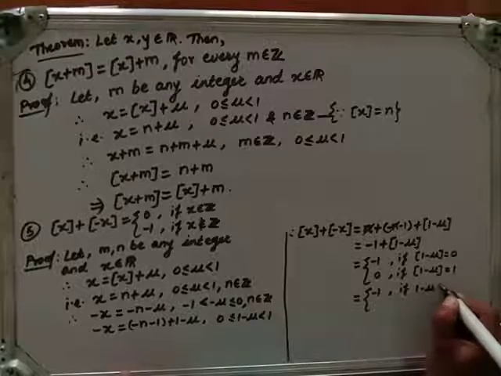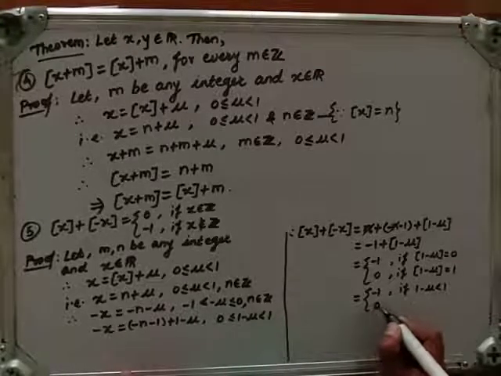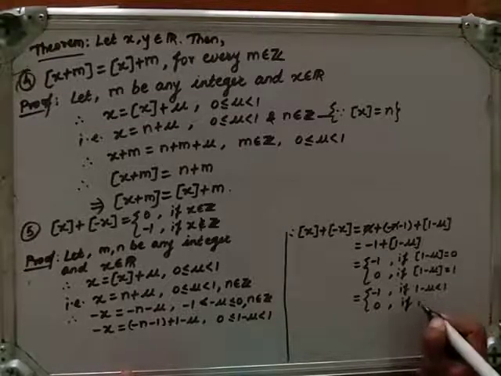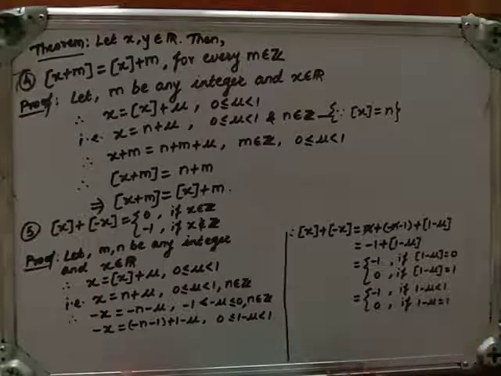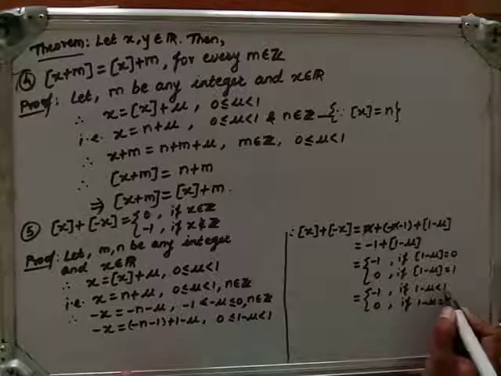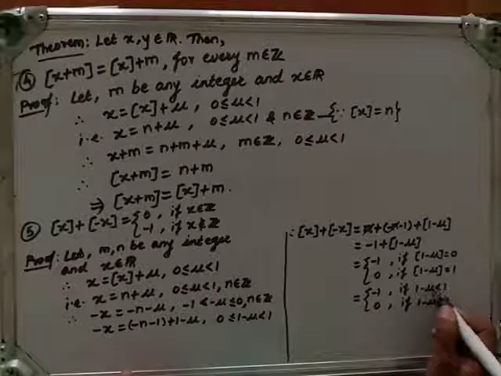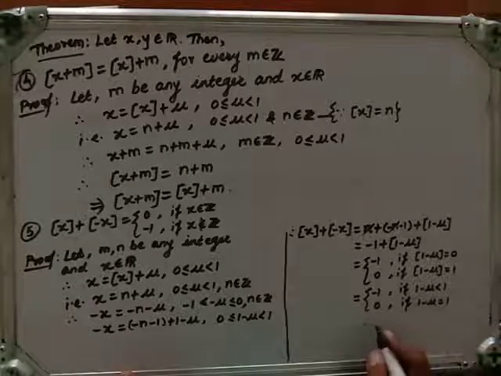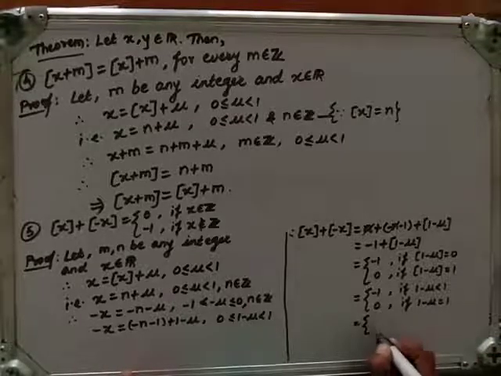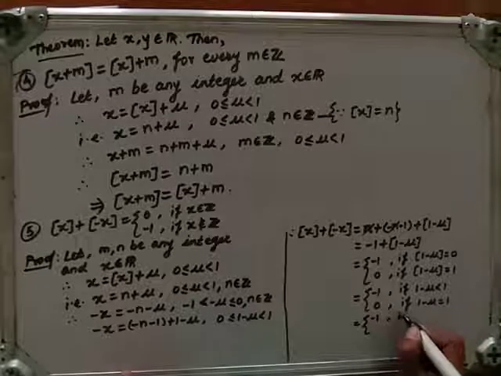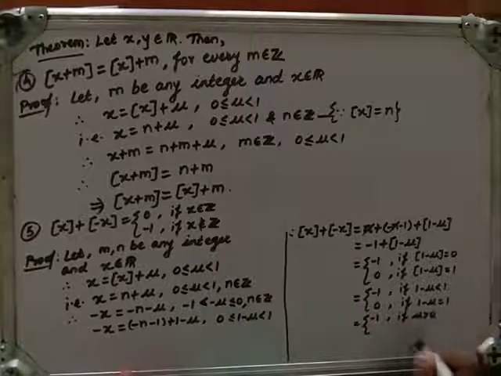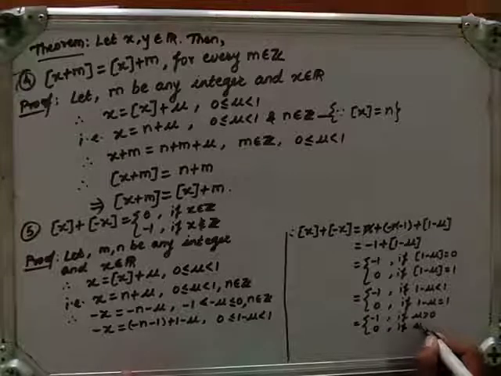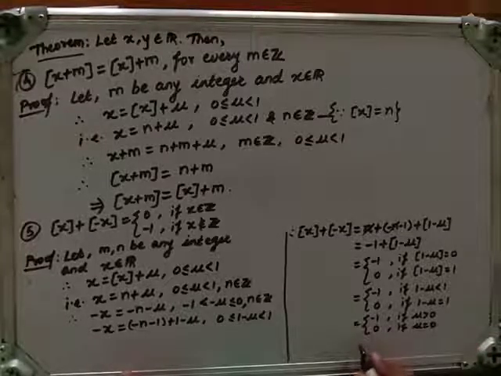1 minus mu is less than 1. And if 1 minus mu is exactly equal to 1, then 1 minus mu less than 1, the 1 gets cancelled, so minus mu is less than 0, so mu is greater than 0. So this is equivalent to, this is minus 1 if mu is greater than 0, and it is 0 if mu is equal to 0.